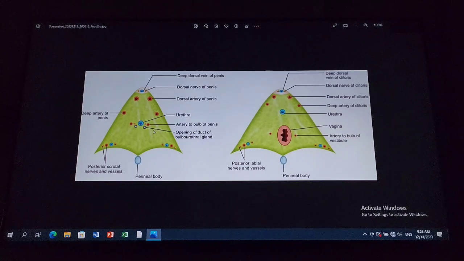Also in the males, there is a modification. You see the opening of the duct of the Cowper's gland, the bulbourethral gland. هذه الجلاند البودي مالتها موجود بالdeep pouch، بس الدكت مالتها perforate through the perineal membrane. So the body of the bulbourethral gland is found in the deep pouch, whereas the duct is found in the superficial pouch.